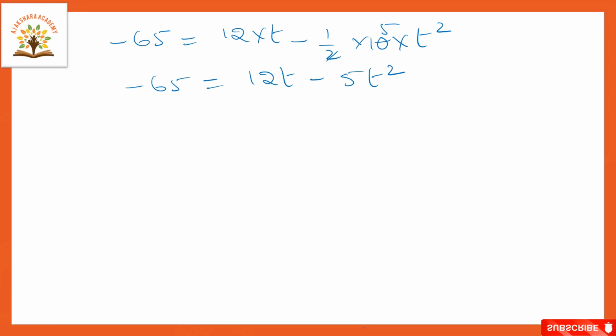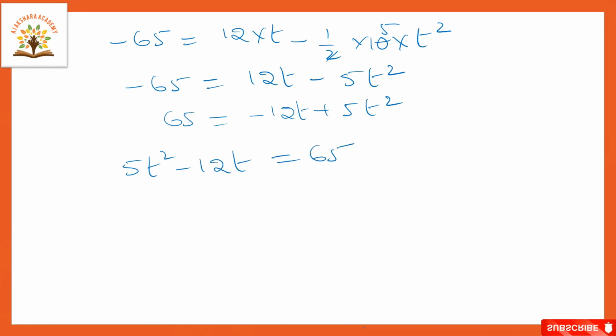Dividing the entire equation by −1, it becomes 65 = −12t + 5t². So this can be written as 5t² − 12t = 65, or 5t² − 12t − 65 = 0.